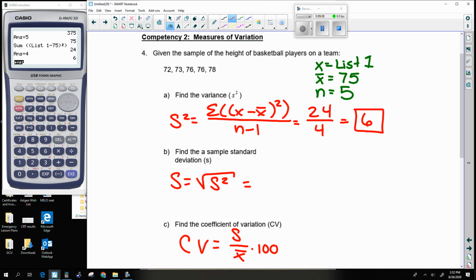Sample standard deviation is the square root of s squared. S squared is the number 6. Don't square it again. S squared is 6. So this is just going to be the square root of that answer.